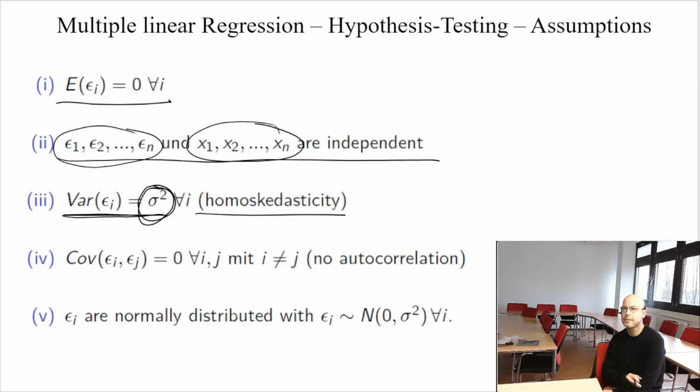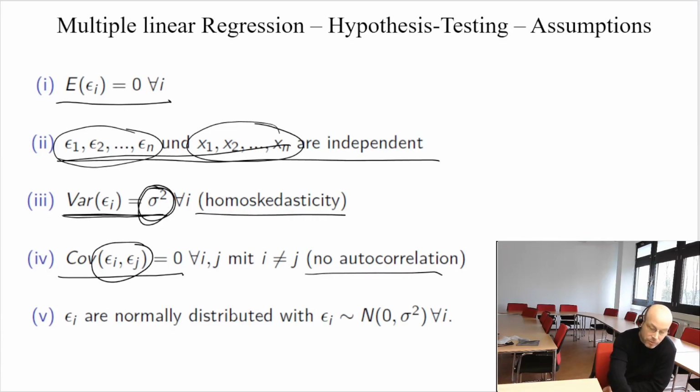And I already talked about this, it is the independence. And this independence means, remember, that the covariance between our error terms is 0. Well, this just means that these two errors have nothing to do with each other. And this is called that there is no autocorrelation.